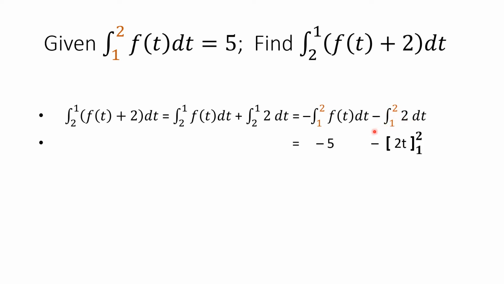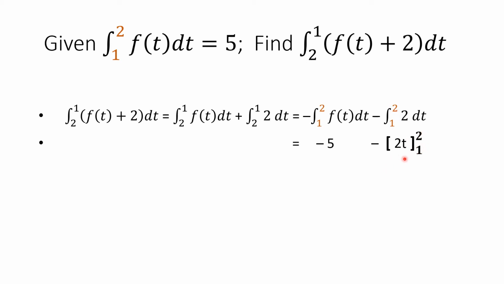We can proceed with them as follows. This we already know that without the negative 1 multiplied, this will give us 5 based on this equation. So negative 5. And this we have to integrate 2 dt, that will give us 2t, and we have to evaluate the 2t between 1 and 2, where 1 is lower and 2 is higher.